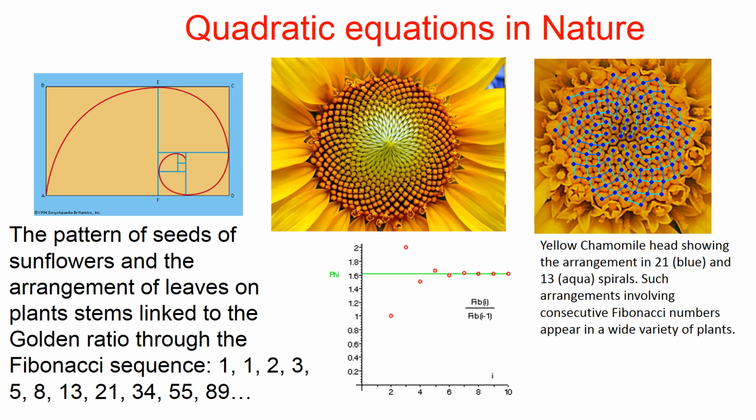Also, if you look at the numbers of things that grow, so leaves around a stalk or little kernels in a flower, they tend to occur in the Fibonacci sequence, which is the first number plus the second number equals the third number. The fourth number is these two added together. Each number is the two numbers preceding it.